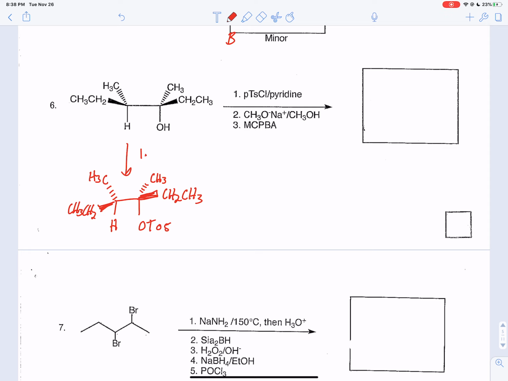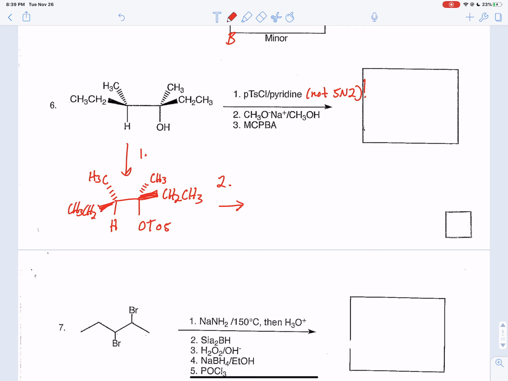So this right here is not an SN2 mechanism, all right? It's because it's not SN2, that's why I didn't change the stereochemistry, right? That's why I didn't flip that chiral center. I just put the OTOS exactly in the same orientation that the hydroxy group was, okay? Because this is not SN2. That's important. For the next part, let's see what we got. So we have this methoxide, okay?